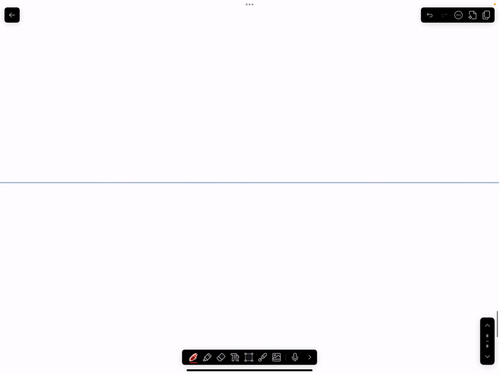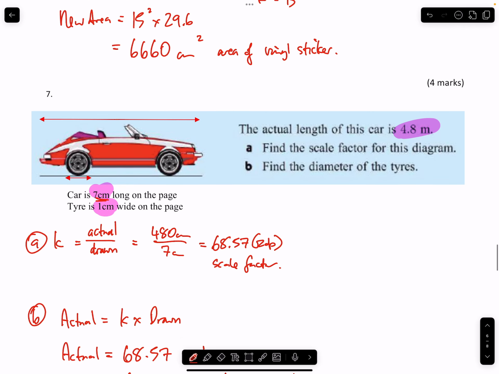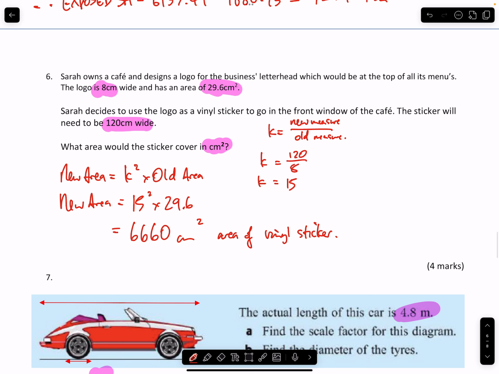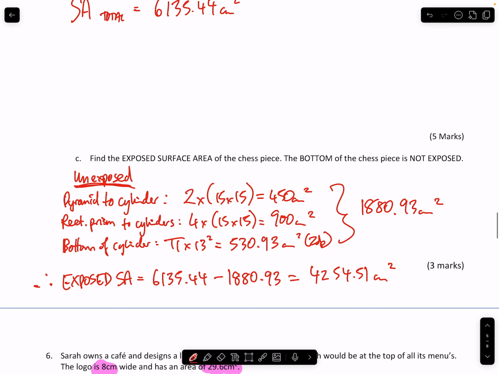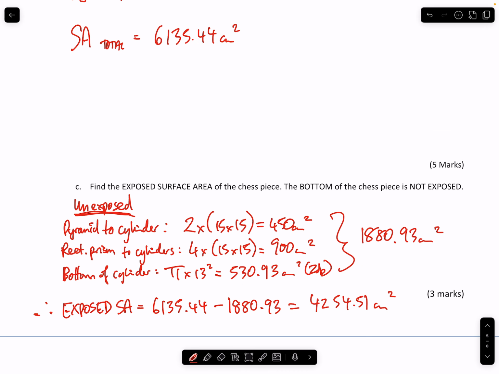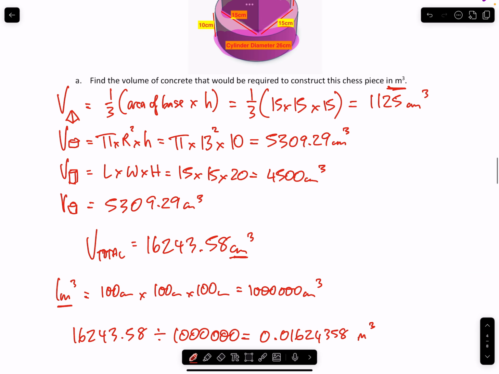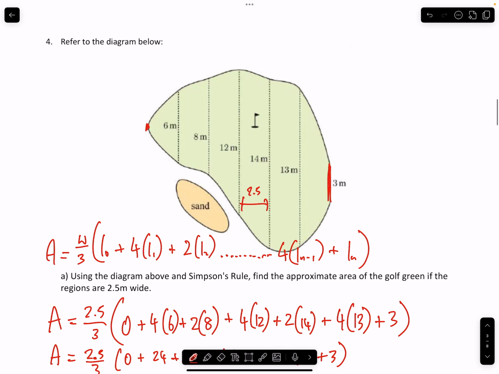Just check, no other questions. So question 8 done. Question 7 done. Question 6 done. Question 5, C, B, A. Question 4 done.